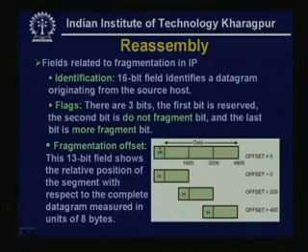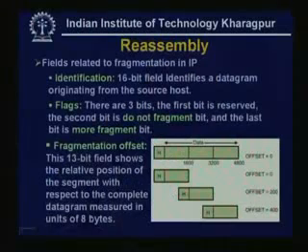However, fragmentation is very easy. Breaking anything is very easy, but putting it together is very difficult. Even a child knows about it. A similar situation arises in reassembly. Fragmentation can be done, but reassembly is a more difficult problem, and let us see how it can be done.